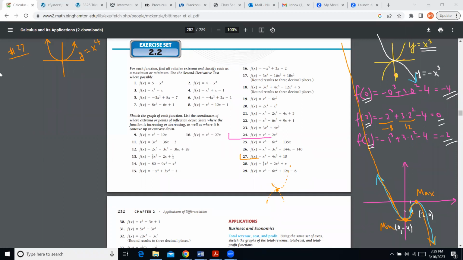Well, in 27, where our function is x to the power of 4 minus 4x to the power of 3 plus 10, we have positive x to the power of 4. So both ends will resemble what I have above, and will point upwards.